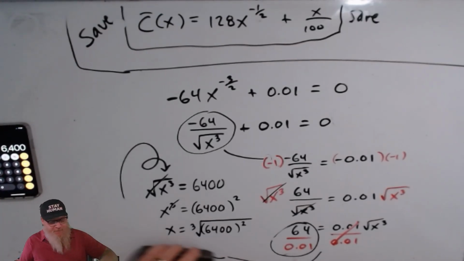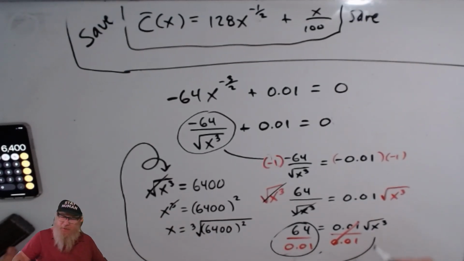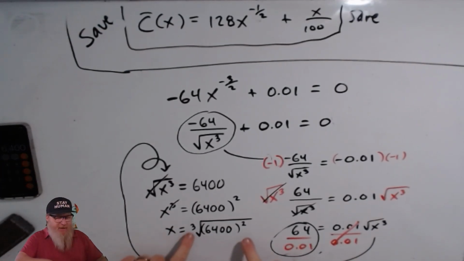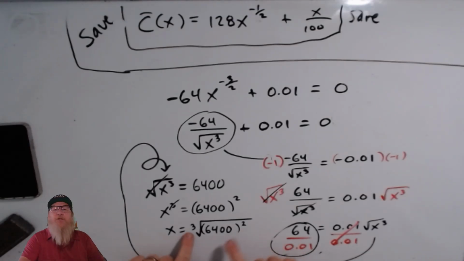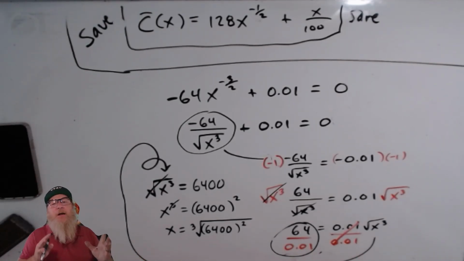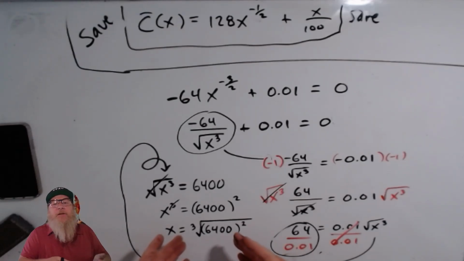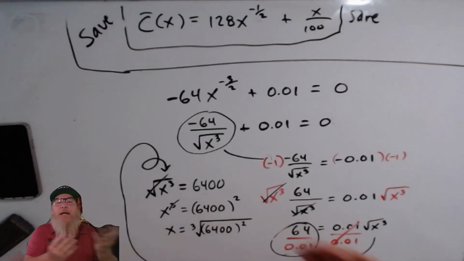Here's a little fun fact if you've not taken algebra in a while. When you have a root and a power in the same expression, as long as there's no adding or subtracting involved, if it's just multiplication or division, you can do them in any order you like. In this particular example, that order of operations is equivalent. You could do them in either order and you will get the same result.